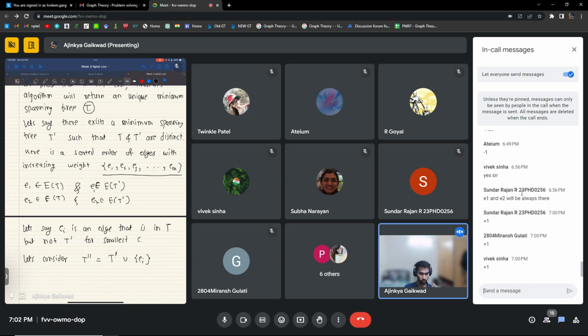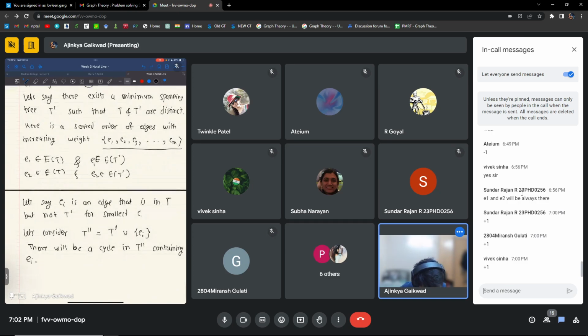Just like we did before in the previous question, since I'm adding an edge to a tree, there will be a cycle in T double prime containing EI.